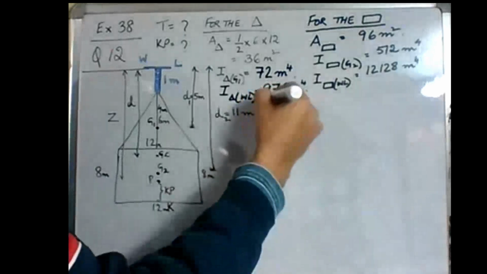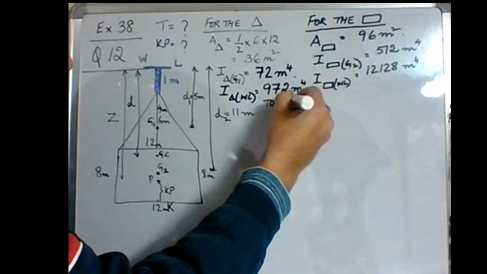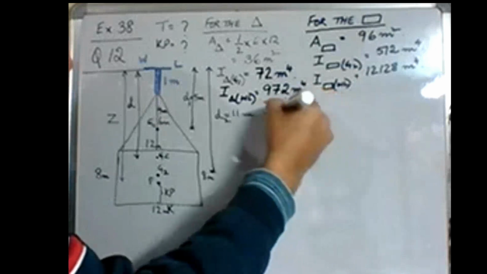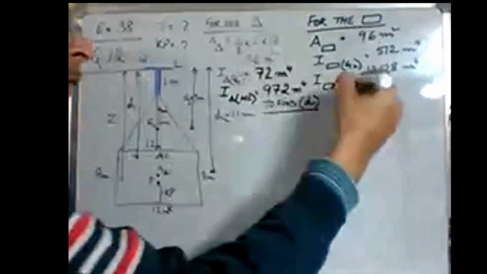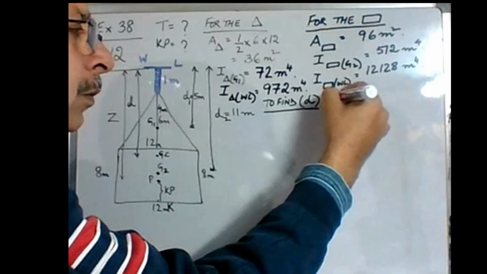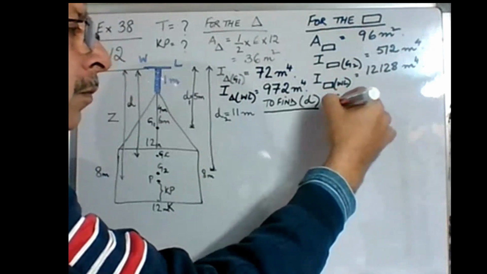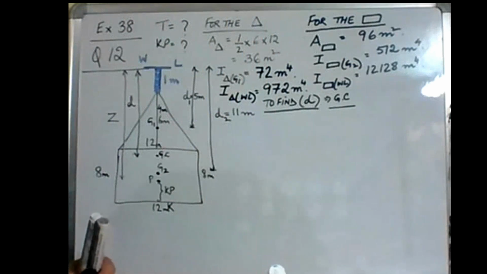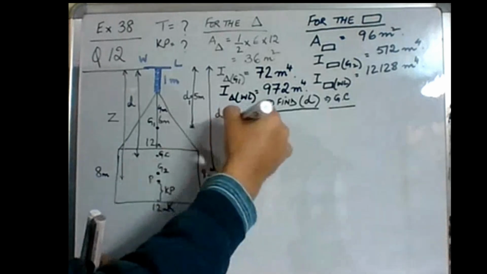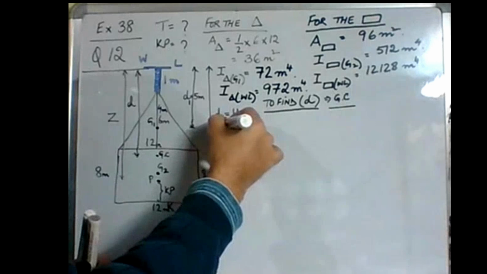Now I want to find D. That means I want to find out the combined GC, the GC of the combined shape. कैसे ढूंढूं? How to find the combined GC, or how to find D? By taking moments. About what shall I take moments?